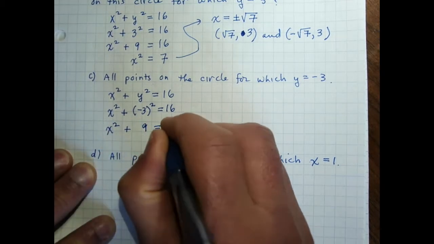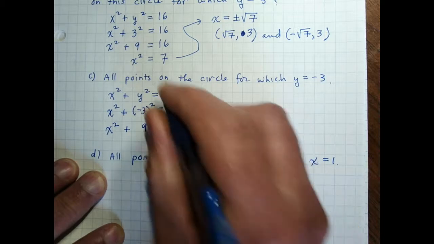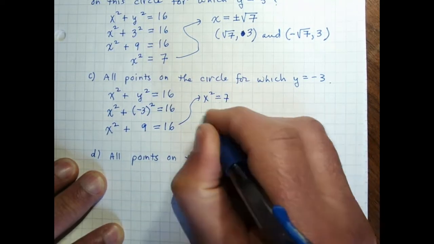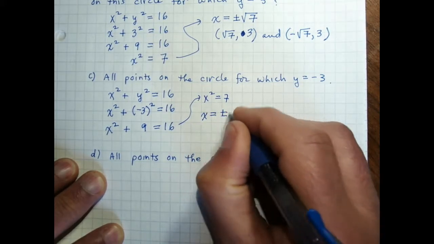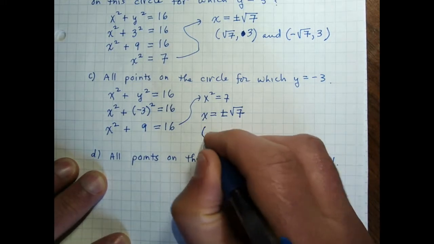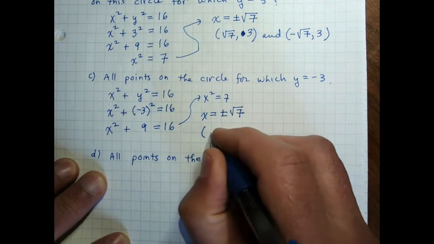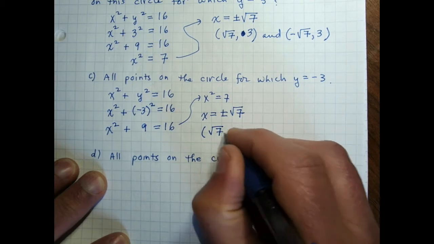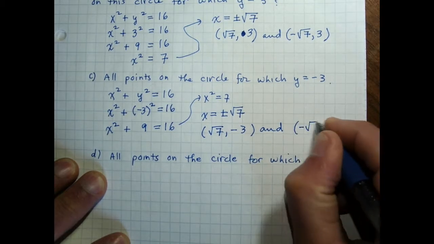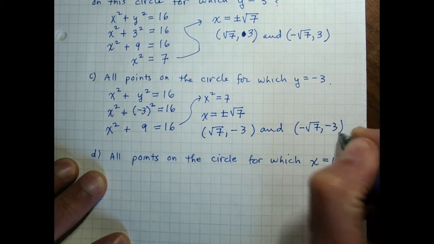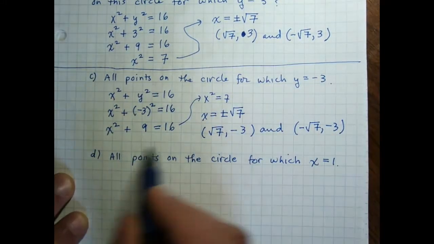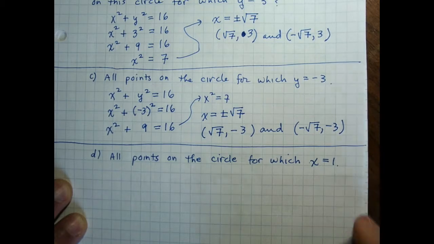So I end up with x squared plus 9 equals 16 again, just like what we saw before. x squared equals 7, x equals plus or minus the square root of 7. And so I get 2 points again, but now with y coordinate negative 3. So I have square root of 7, negative 3, and negative square root of 7, negative 3. So we got 2 points where y was 3, and 2 points where y is negative 3.